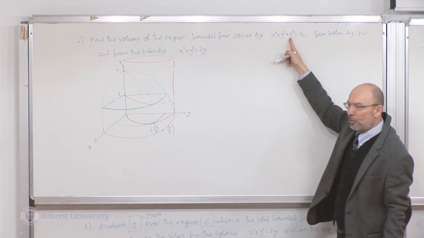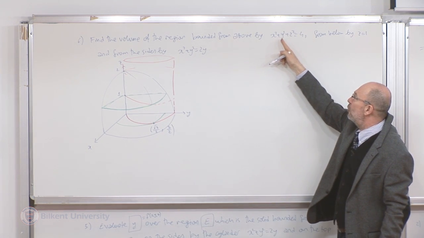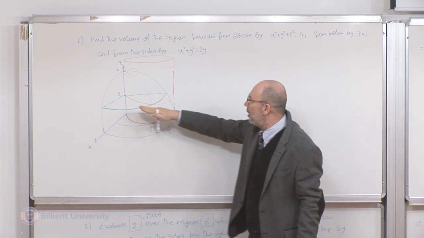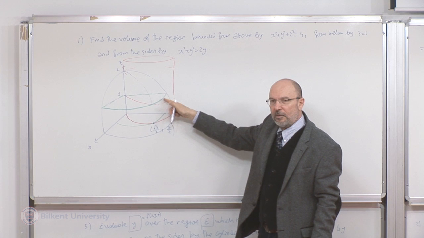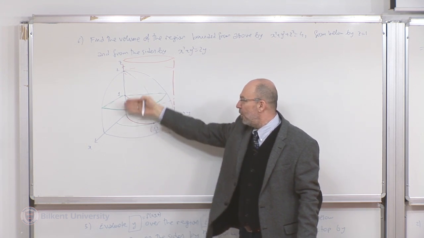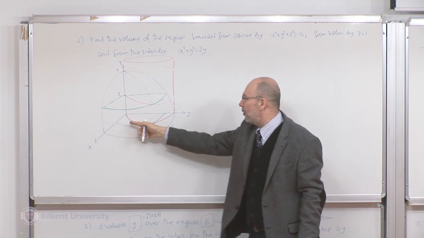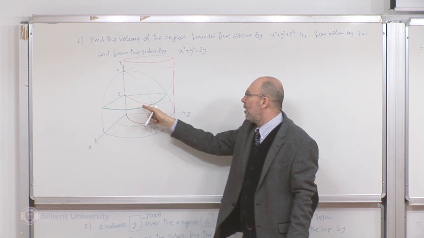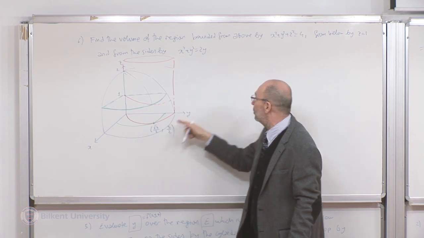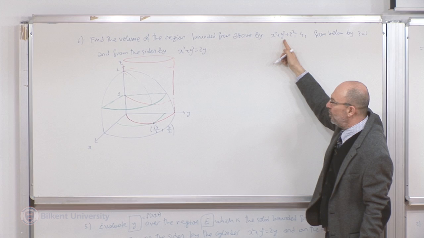When z is equal to 1, x squared plus y squared plus 1 equals 4 is this circle. Its shadow is here. So here we have a cylinder, something like this. This is a cylindrical surface. Using that, I find this intersection point, because that gives me a circle in the xy plane.